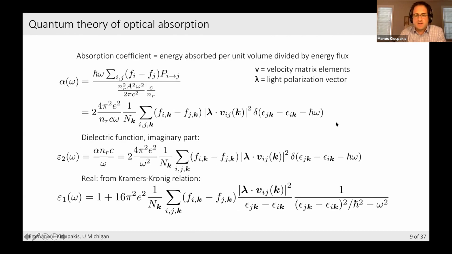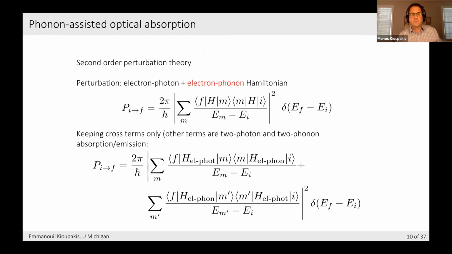All right, so all this is well established when it comes to direct absorption, and it's available in codes like BerkeleyGW or the Yambo code. It's very well distributed in the community. Now I want to tell you about phonon-assisted optics because that's one of the unique features of EPW. To study phonon-assisted optics, there are two different approaches.